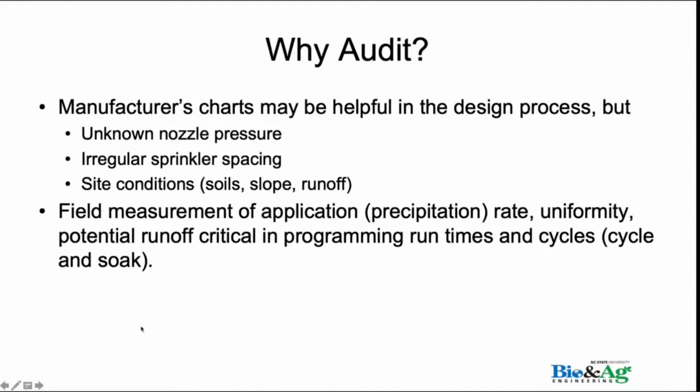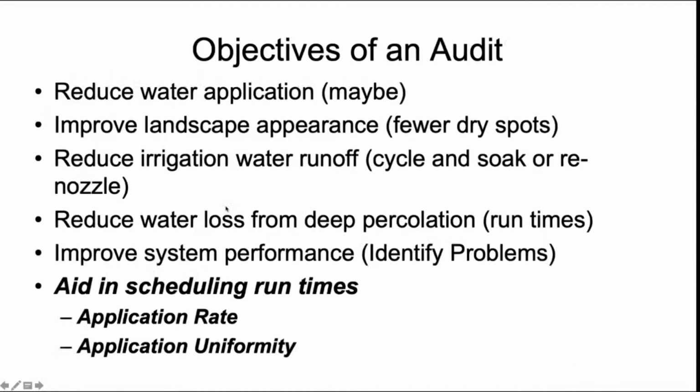Okay, objectives of the audit. It may end up in reducing your water application, but that's no guarantee. What we're really after is trying to put on the right amount at the right time and have a reasonable uniformity. You also want to obviously improve your landscape appearance. You definitely want to reduce your irrigation water runoff, and we can control that with some cycle and soak, or even re-nozzling and putting on less water out from each individual sprinkler.